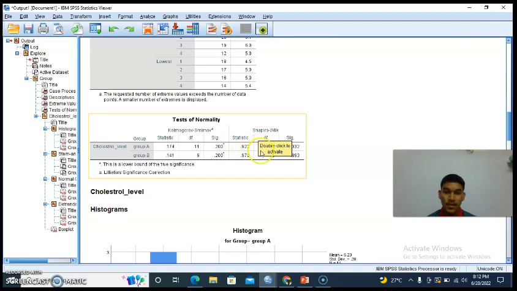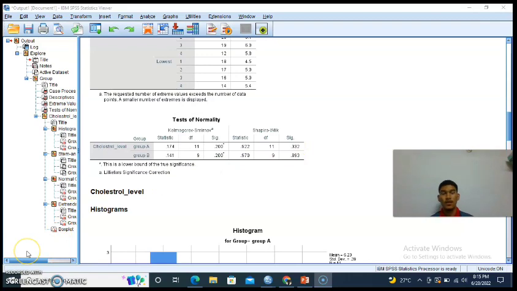So the significance for group A is 0.332 and for group B the significance is 0.893. It's greater than alpha 0.05.